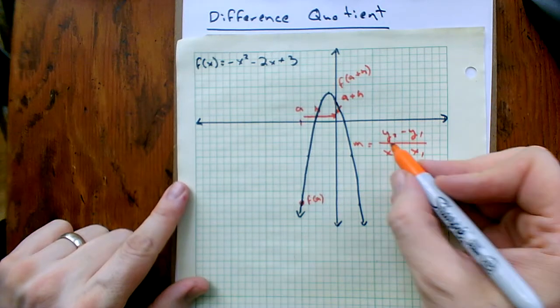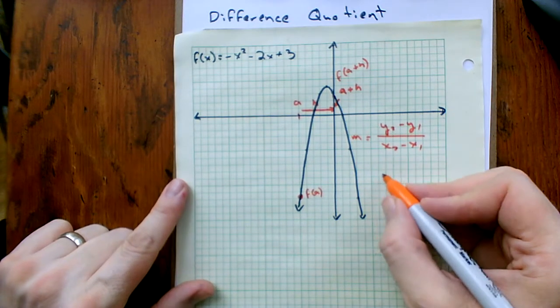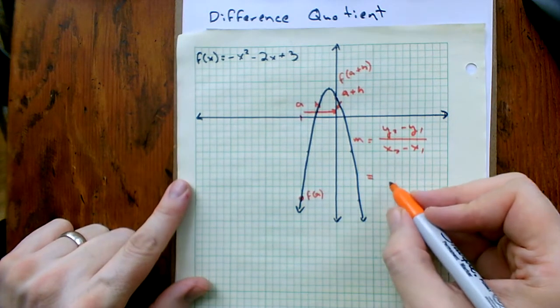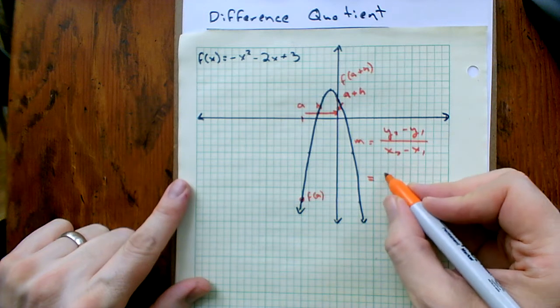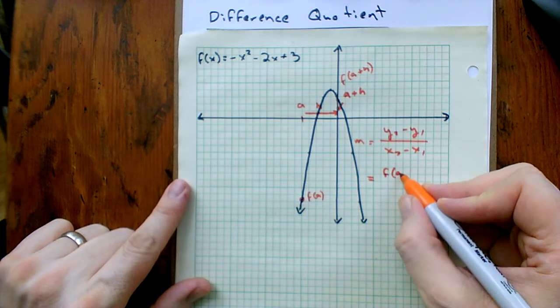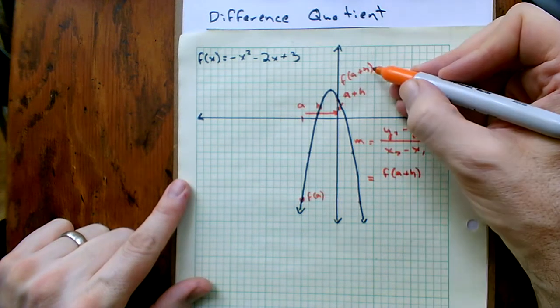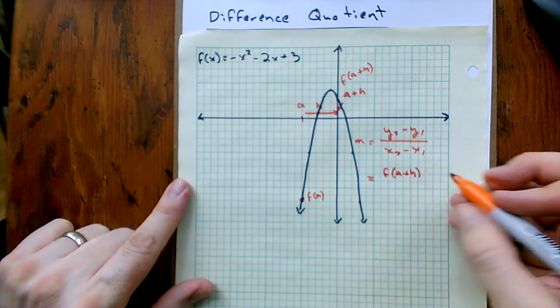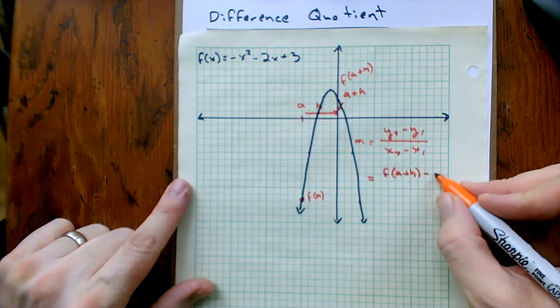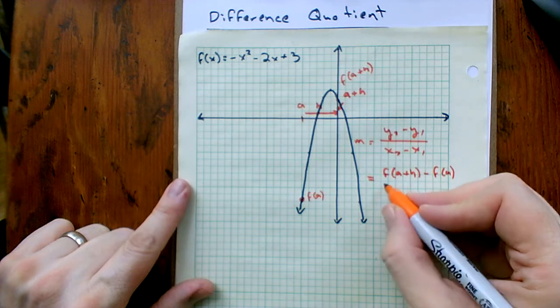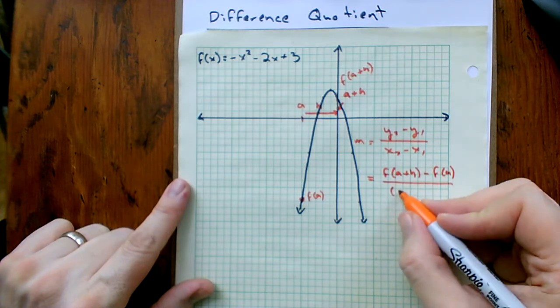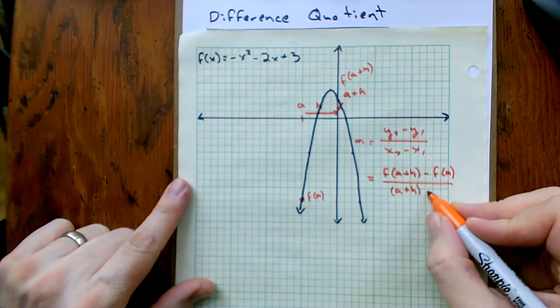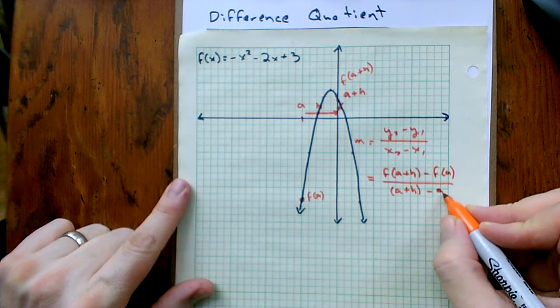Well, in this case, when I do this, I will end up with something that looks like f of a plus h, this is my f of x2, minus f of a over a plus h minus a.